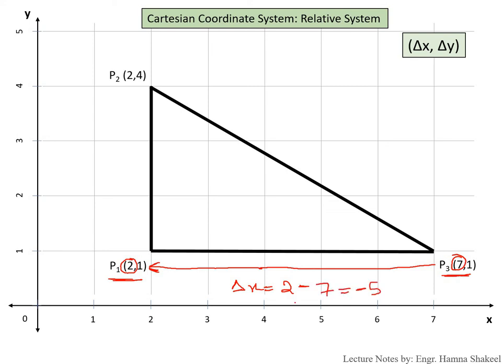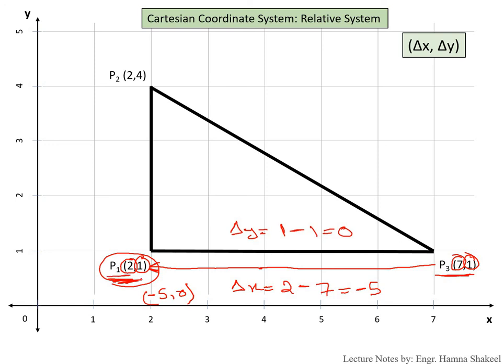This will give you minus 5. And you're not moving in y direction if you go from P3 to P1. So for delta y, here you have value 1 and here you have got value 1. So 0. So the relative position of P1 from P3 will be minus 5 and 0.